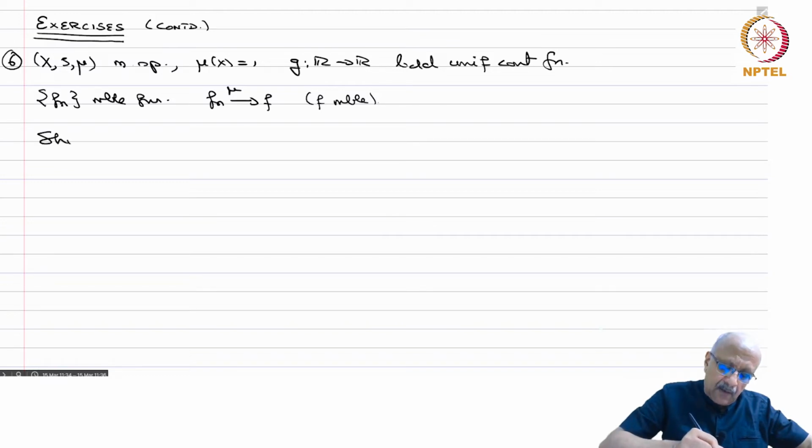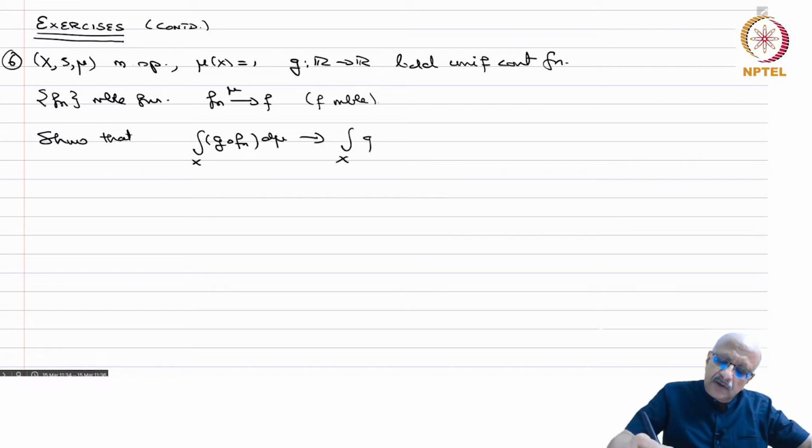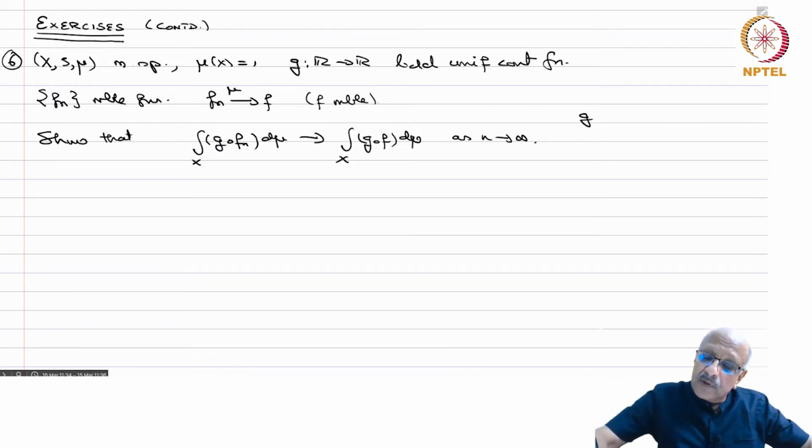Show that the integral over X of g composed with f_n d mu converges to the integral over X of g composed with f d mu as n tends to infinity. So what is g composed with f? At x it is g of f of x.